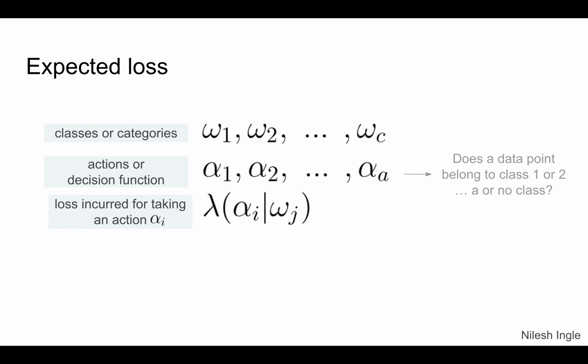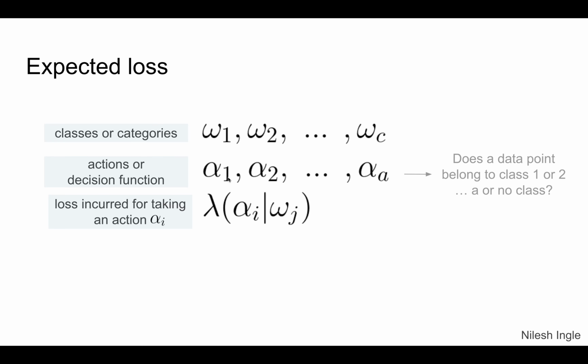Now these are some terminologies that we are going to use. We already have seen omega 1, which is for the class. I think I was calling it W. So the omega 1, and then we have actions, which is denoted by alpha.